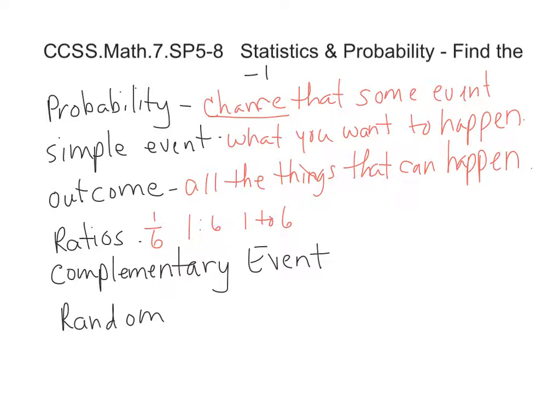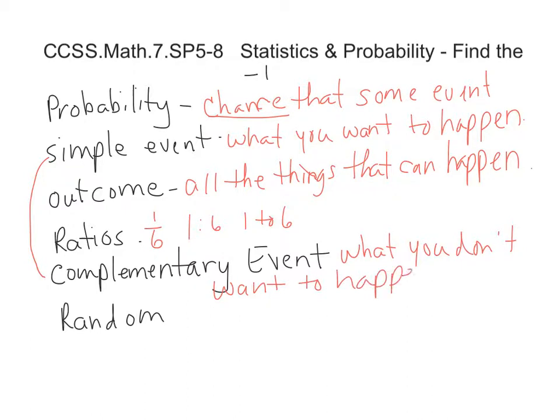And a complementary event goes along with the simple event. And the complementary event is what you don't want to happen. So if I say I'm going to get a 6 off of a dice, what I don't want to happen is I don't want a 1, I don't want a 2, I don't want a 3, I don't want a 4, I don't want a 5.